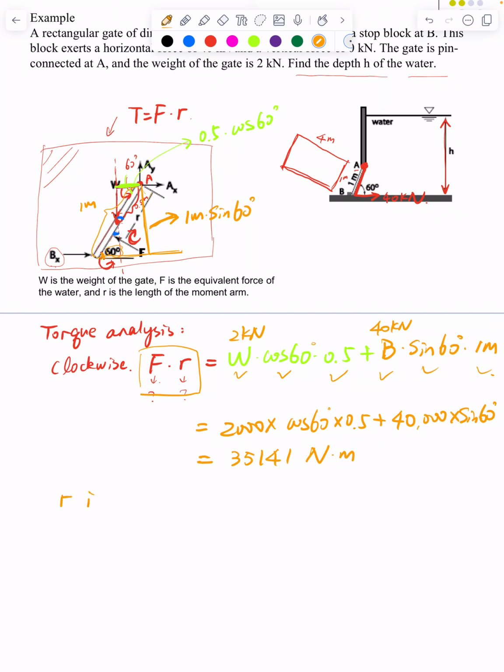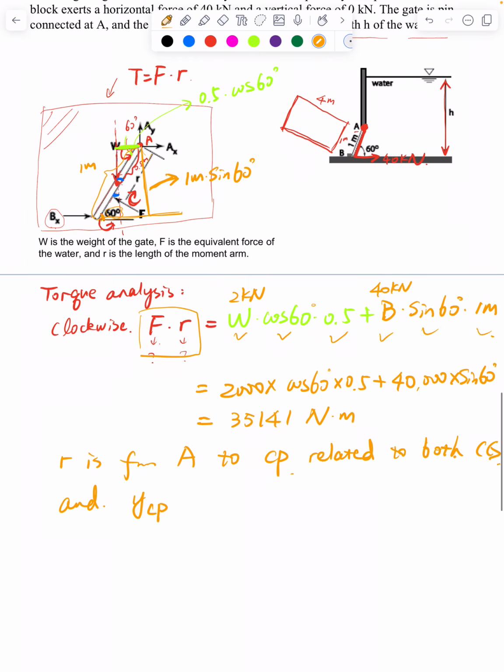R is from A to CP, right? So you can consider it as related to both the centroid CG and YCP, sorry. So then that can be solved.